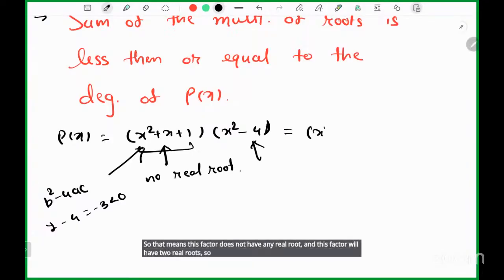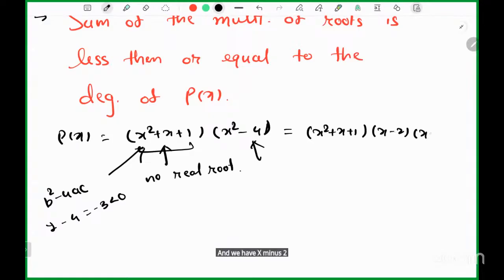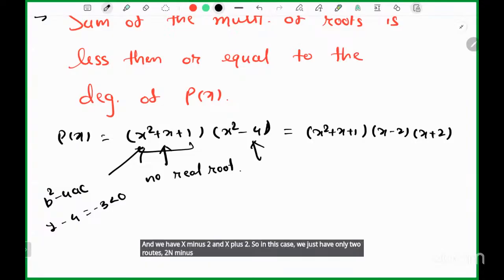So it's x square plus x plus 1, and we have x minus 2 and x plus 2. In this case, we have only two roots, 2 and minus 2, and their multiplicities are 1 and 1.